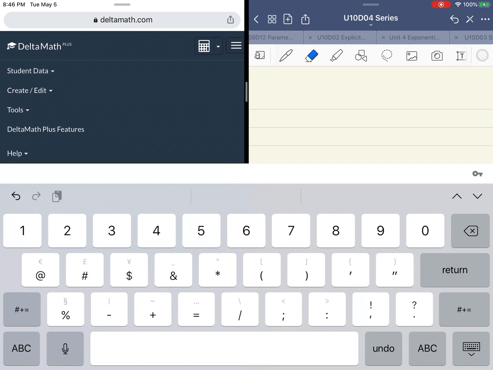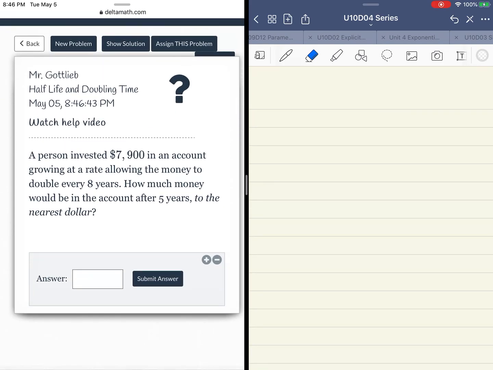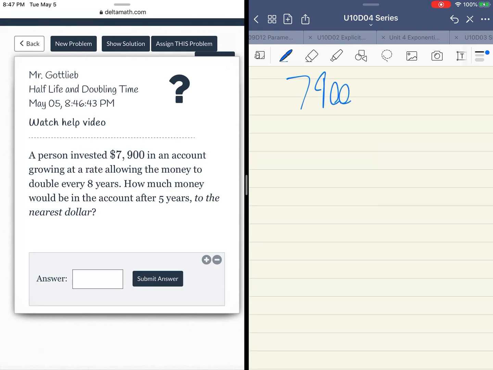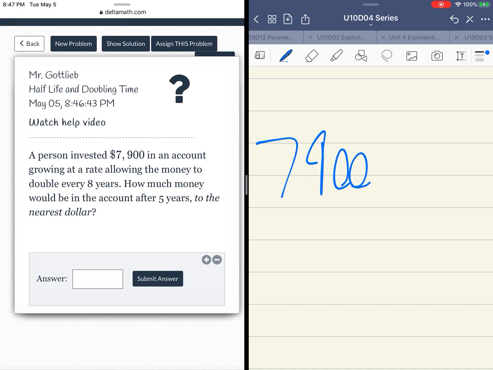And then last but not least, I put up some problems on doubling and half-life, which we did earlier in the term, so I just wanted to remind you how to do this. So a person invested $7,900 into an account growing at a rate that doubles, so multiplies by 2, every 8 years.